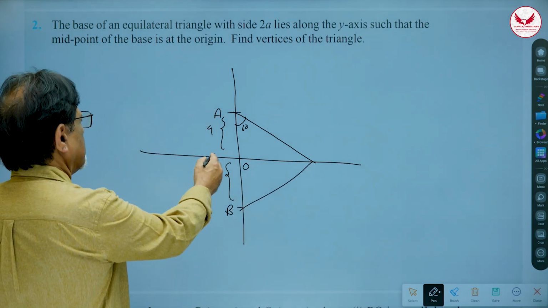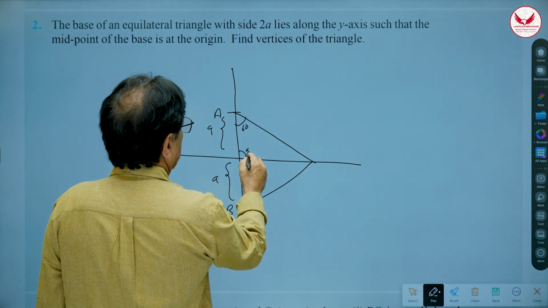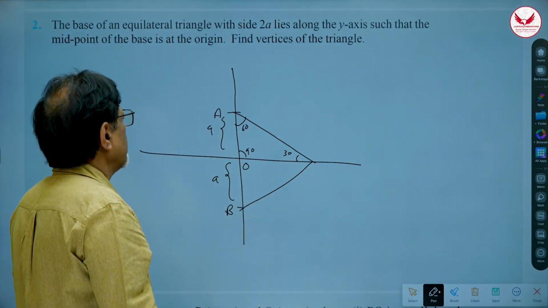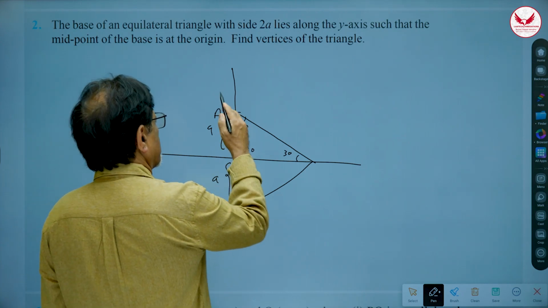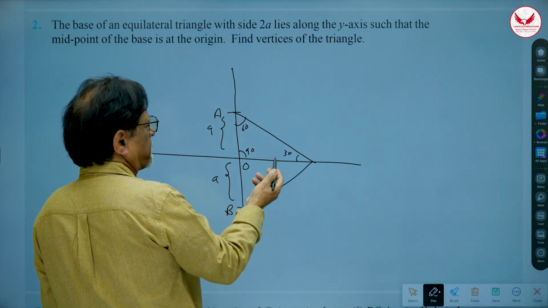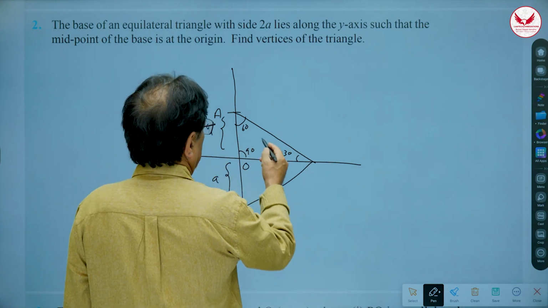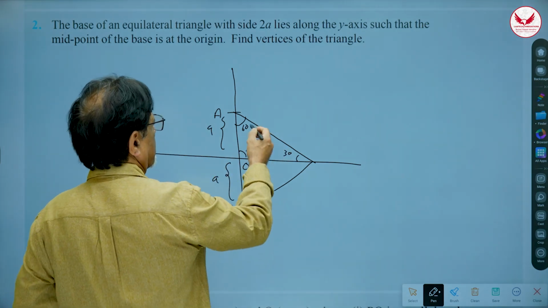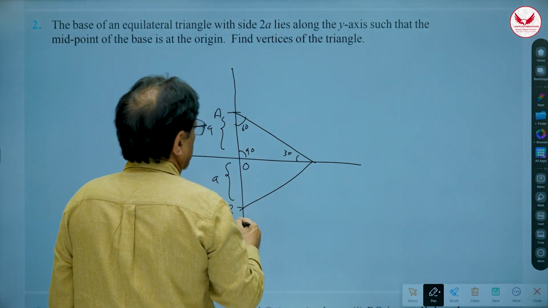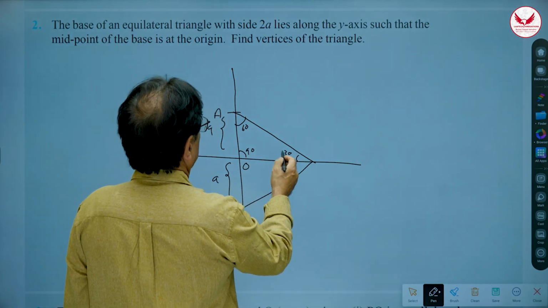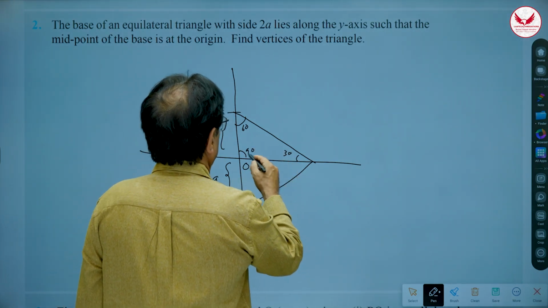So, this is 60 and this is what? 90, right? 60. So, therefore, this will be equal to 30 degrees, okay? So which means this is a 30, 60, 90 triangle. And the property of 30, 60, 90 triangle is that the line opposite 30 is half of the hypotenuse.